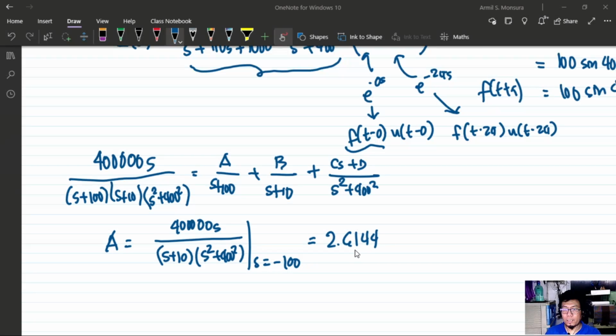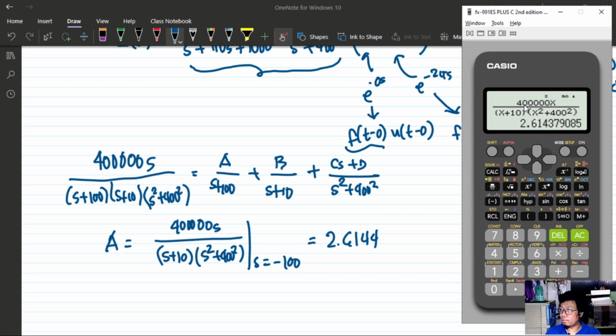What I did here was to type in 400,000 x all over x plus 10 times x squared plus 400 squared, then press calc, and then press negative 100. That essentially substitutes negative 100 to x, and that results to 400 over 153.